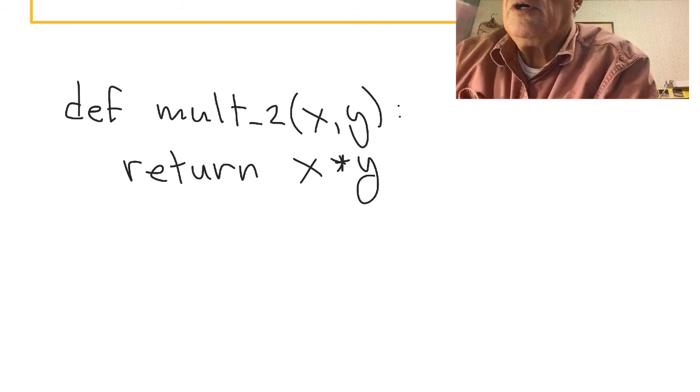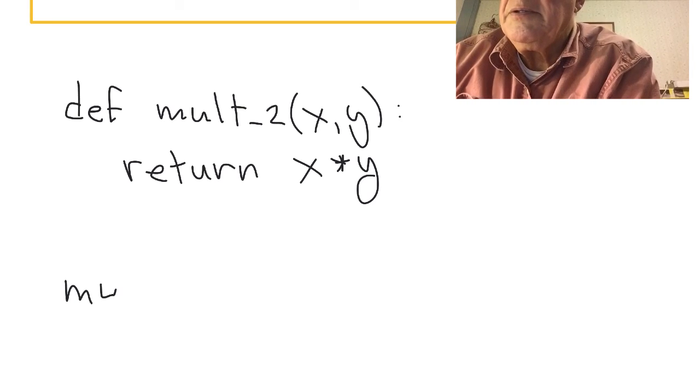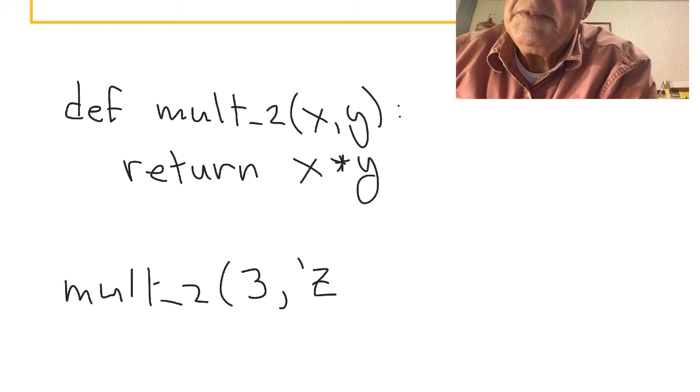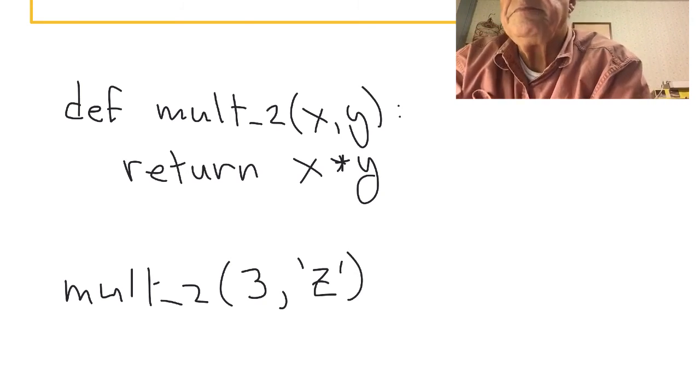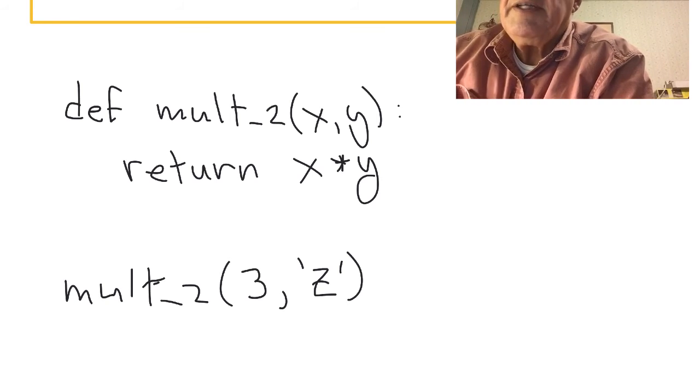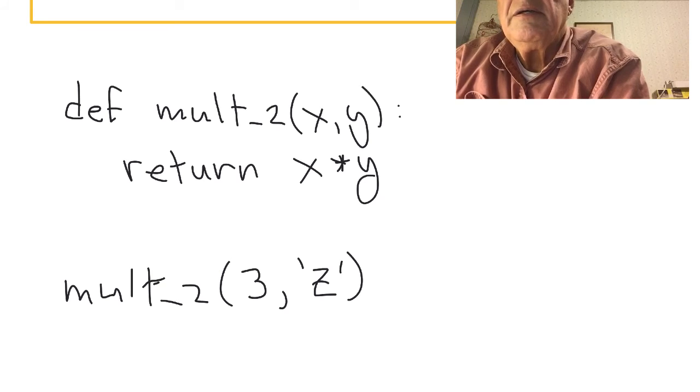What happens if you call mult2, excuse the penmanship, and we give it 3 comma the character z? Well, that's going to create a type error because you can't multiply a number times a character.